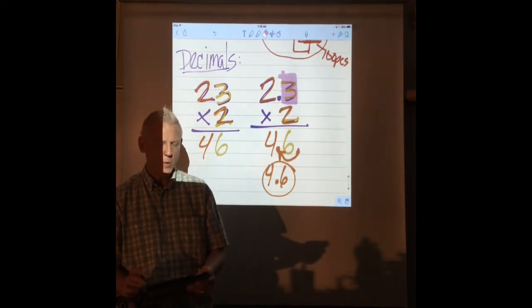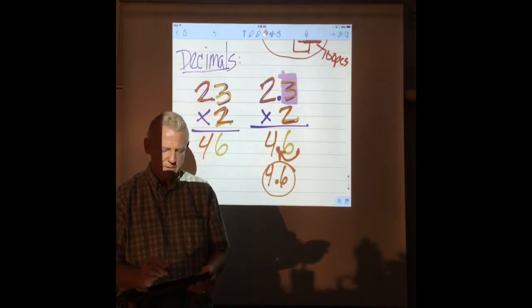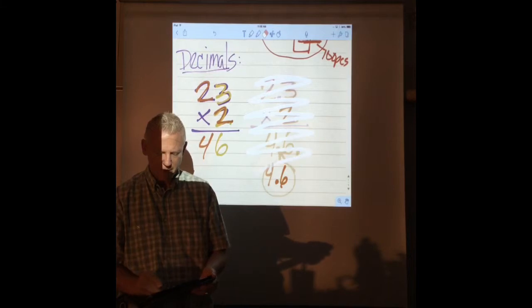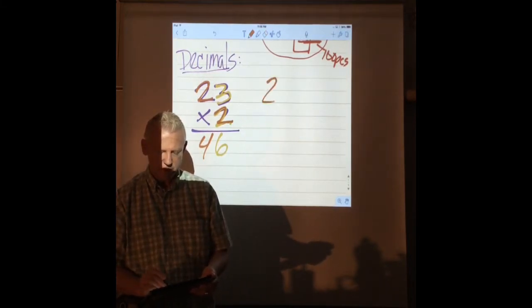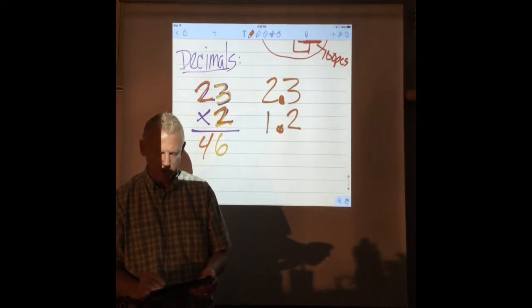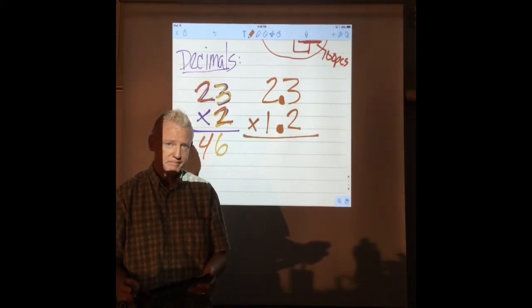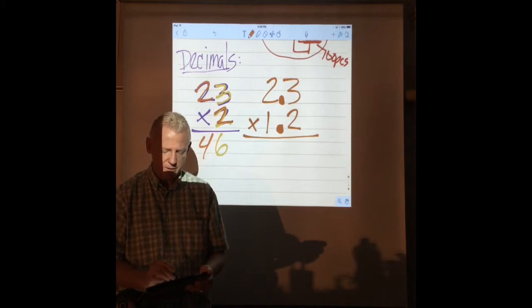Let me do one more, because I hope that you, the thing you have to remember about these kinds of problems are, and let me do the 23 again, and let's put a decimal in between those, and let's multiply by 2.3, okay? Now what we're going to do is going to do a problem as normal, okay?